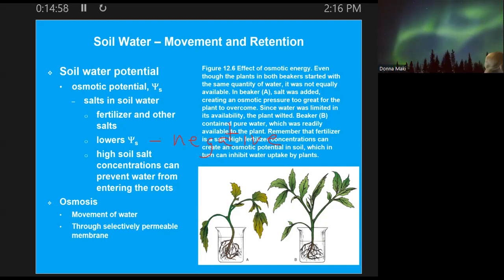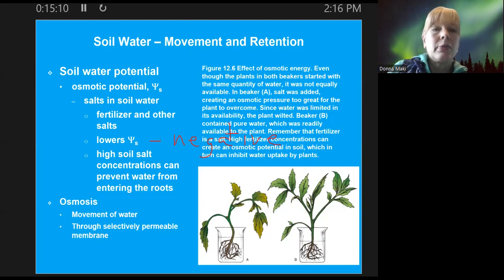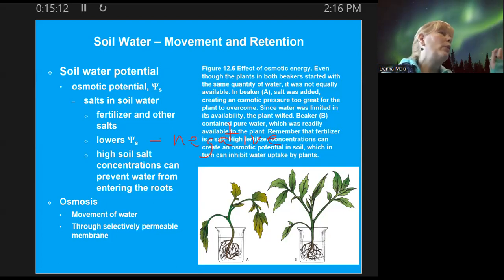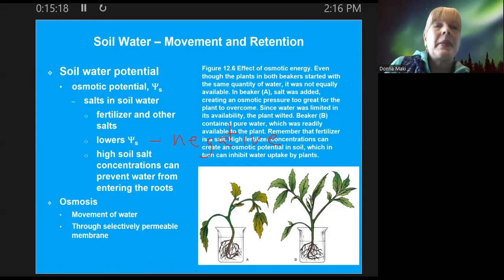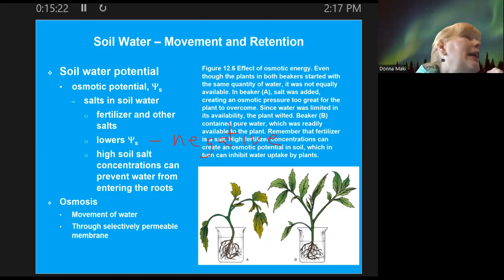So that ψS value, anytime you have salts dissolved in the water, is going to make your ψS very negative. And we said that water moves from a high water potential to a lower water potential. Another way to say that is that water moves from less negative to more negative.